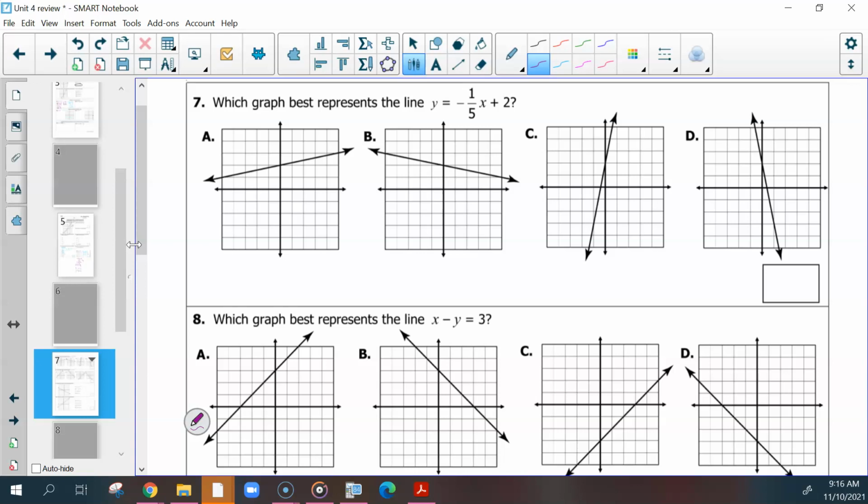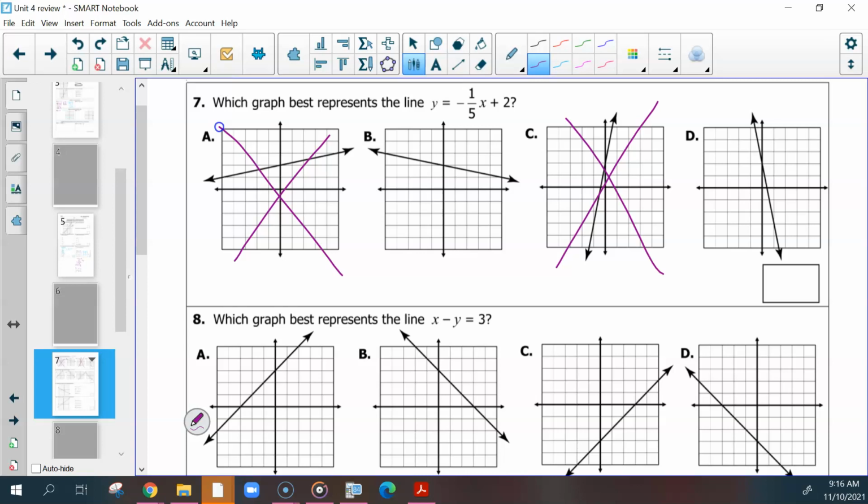Start eliminating some of them. Your y-intercept is 2. So if you don't have one with a y-intercept of 2, you can get rid of it. Unfortunately, all of these do. Then, look at your slope. It's negative. So if you have positive slopes, you can get rid of those. So like A and C. And then you're just looking at B and D. Which one of those has a negative 1/5 slope?